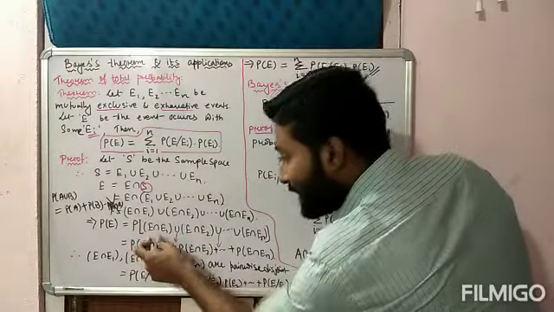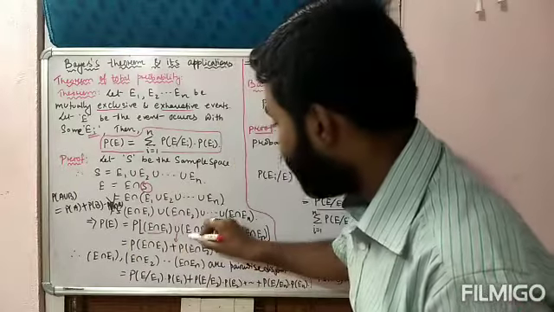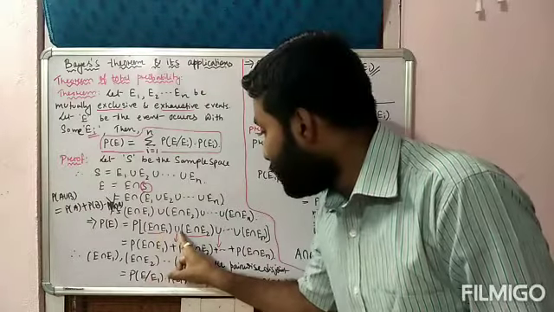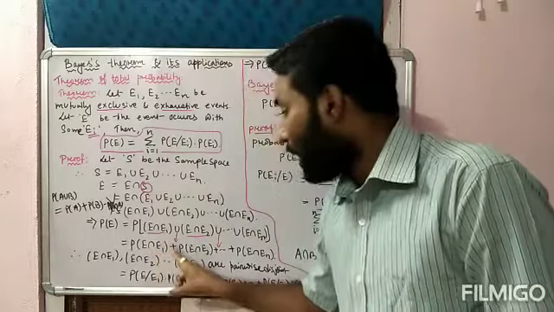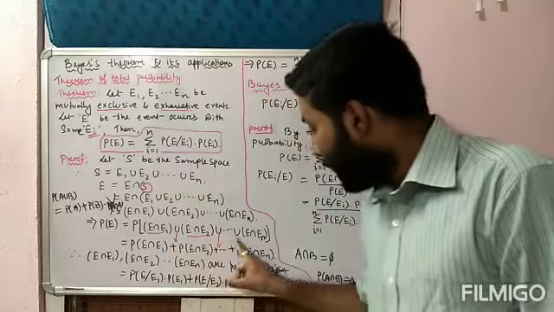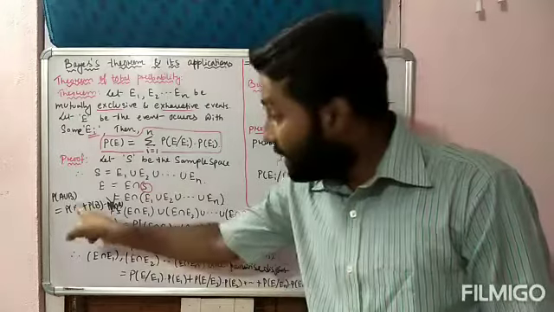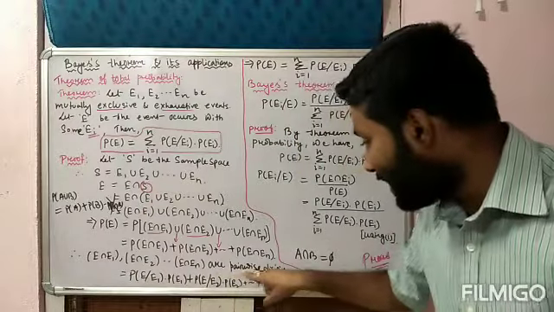P of, this is suppose A, this part you can consider as A and this part you can consider as B. So P of A union B can be written as P of A plus P of B plus P of up to n events. ठीक है, ये फॉर्मूला से लिखा गया है, because they are pairwise disjoint.